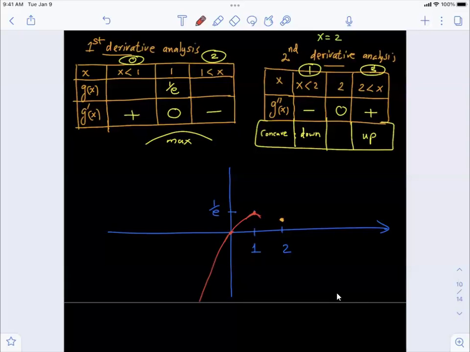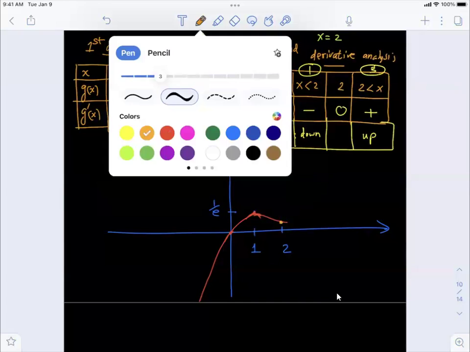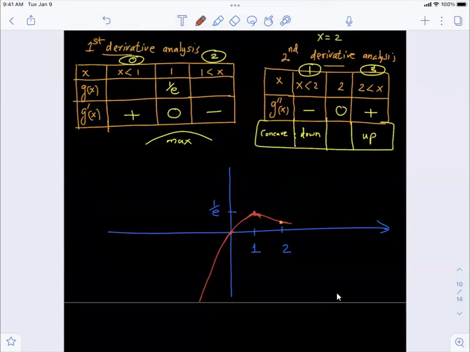And then on this half, it turns and it goes through this point. I'll mark it again. This is the potential point of inflection. And then it goes like this.